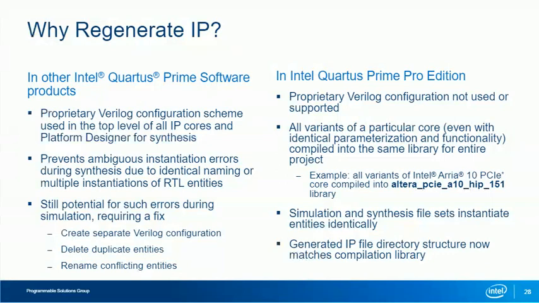This prevents errors because all instances use the same file sets from the same location. This also eliminates issues with simulating the design because both the synthesis and simulation file sets instantiate design entities identically. Finally, the file directory structure for IP cores now matches the compilation library structure, making it easier to understand how IP files and compiled project files are organized.